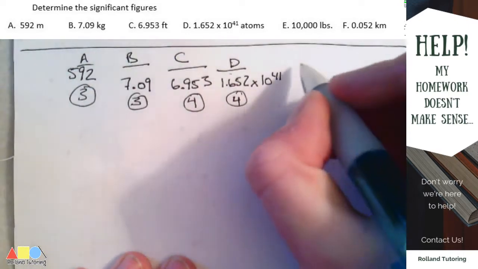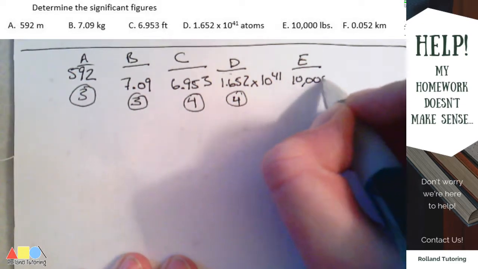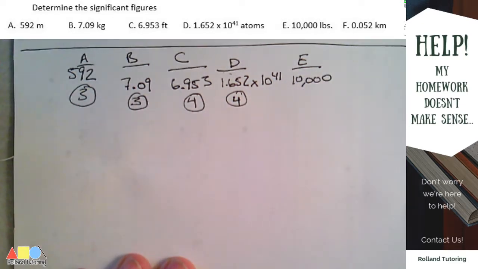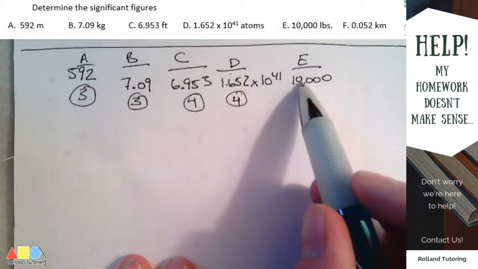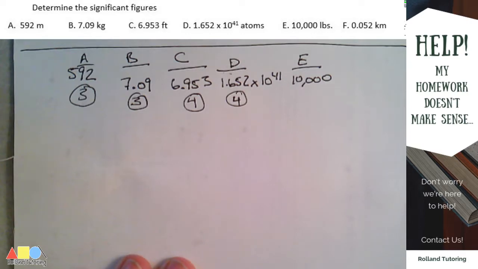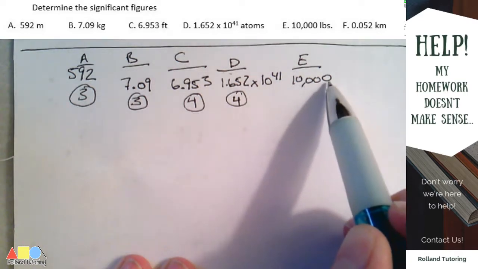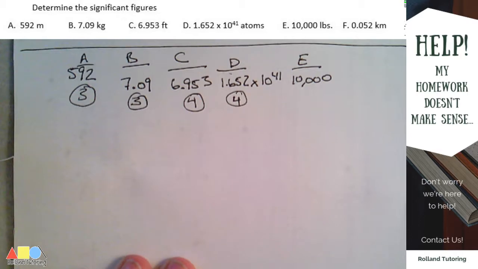If we move on to letter E, where we have 10,000 pounds, how many significant figures do we have here? We could have 5, right? Because we have 5 numbers out front. Or it could be 1 of 1 times 10 to the 4th.